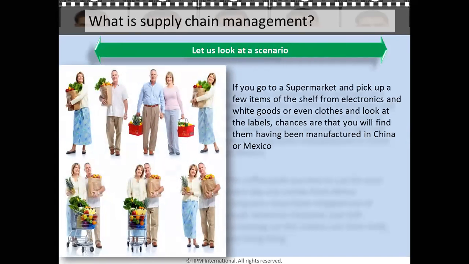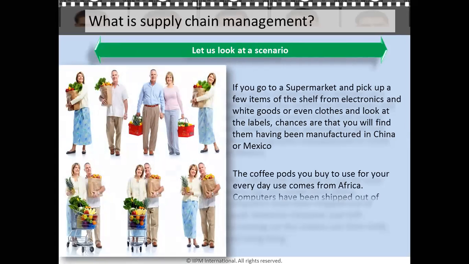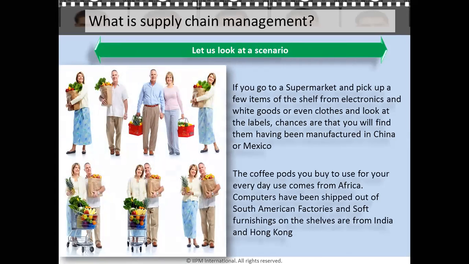Supply chain management. To help us understand supply chain management, let's quickly look at this scenario. If you go to a supermarket and pick up a few items off the shelf, from electronics and white goods or even clothes, and look at the labels, chances are that you will find them having been manufactured in China or Mexico.